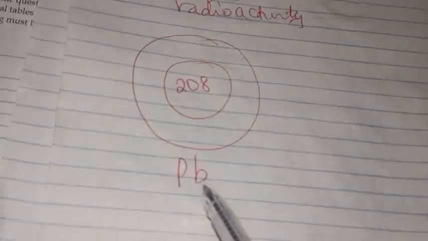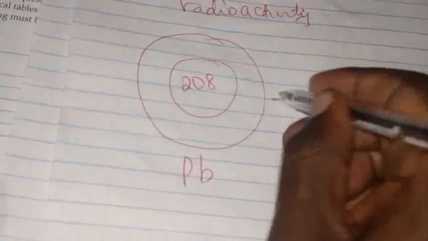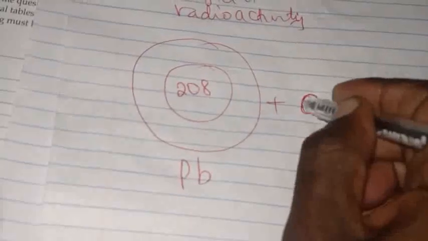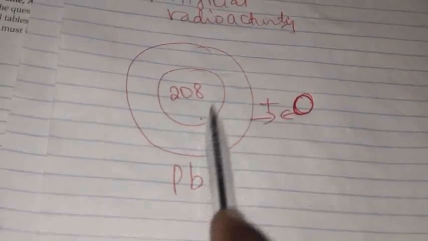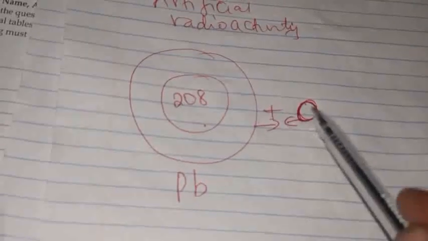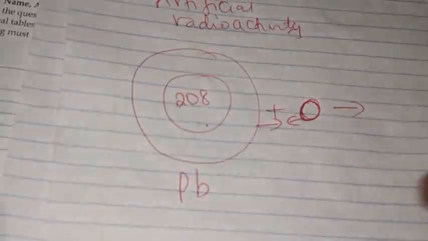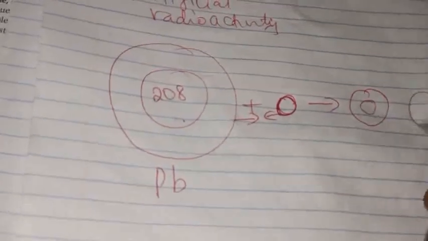Okay, so this is a large and stable nuclide of lead getting bombarded by a fast moving high energy particle. And in the process, you'll end up having this large stable nuclide splitting to form smaller nuclei.